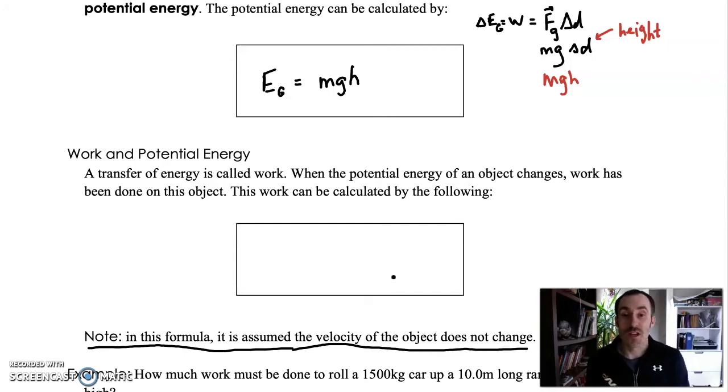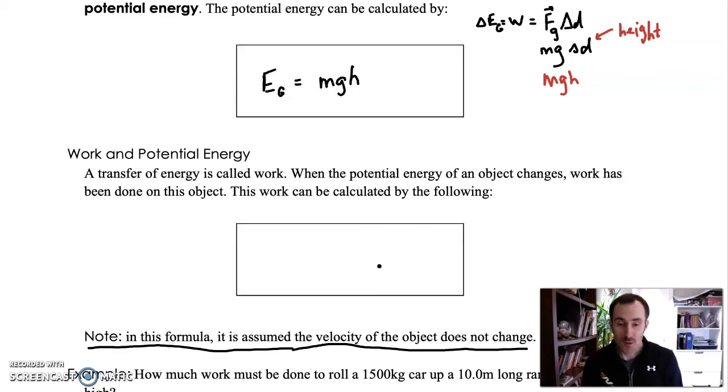Now we're going to assume that when you are lifting something up or dropping something down, you're not going to be changing its speed at all. So this kind of negates most real life circumstances. Anything that falls is changing its gravitational potential energy, but it's also changing its kinetic energy. So we're going to get to that. We're going to put all those things together, but we're just going to, for a moment, look at situations that only deal with gravitational potential energy.